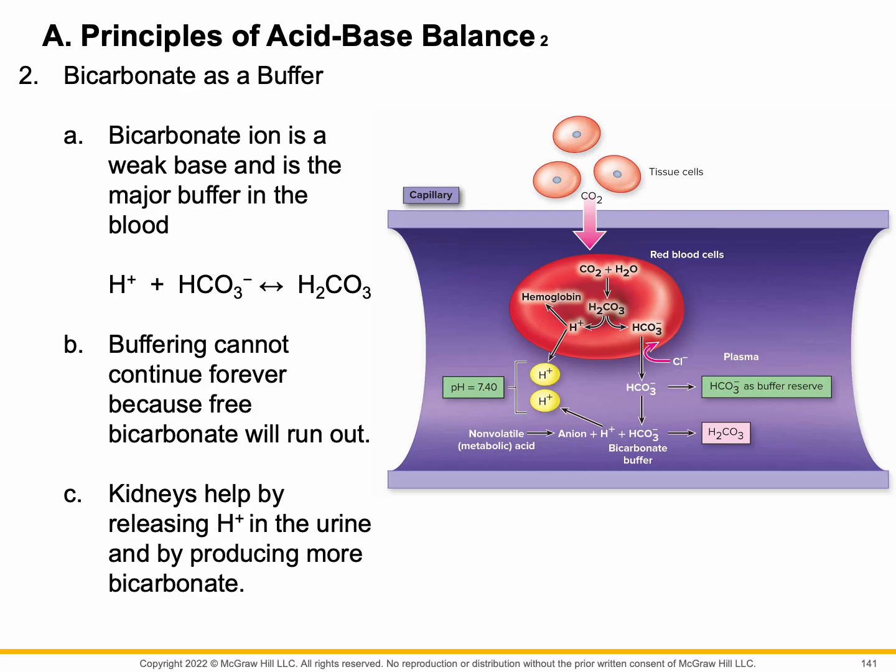The chloride shift moves the bicarbonate to the plasma, which then acts as a buffer reserve. It combines the hydrogen and the anion released by non-volatile acid to form carbonic acid. The pH of the plasma is going to be 7.4.